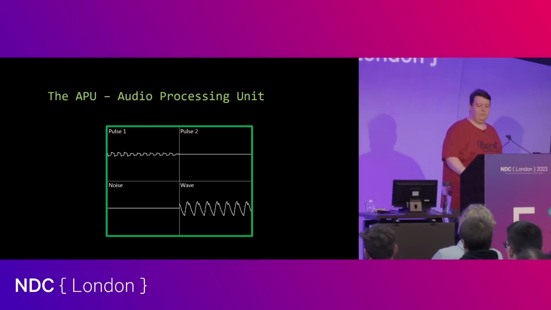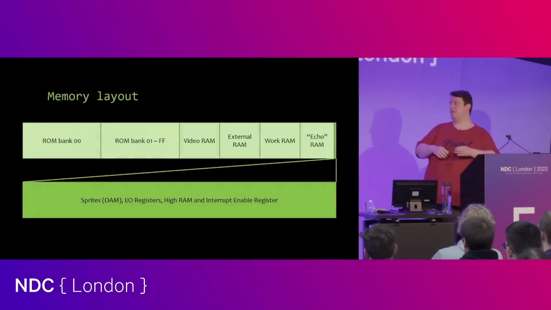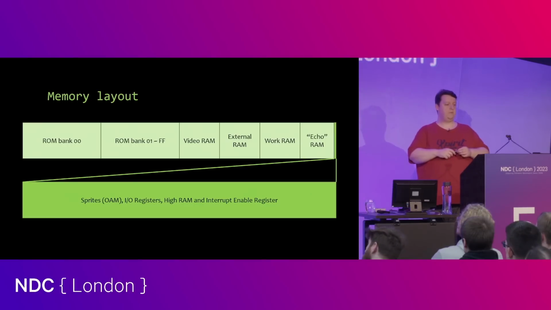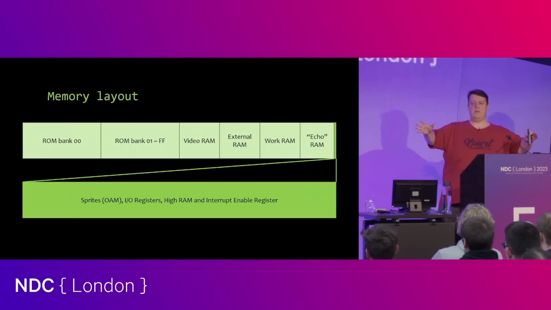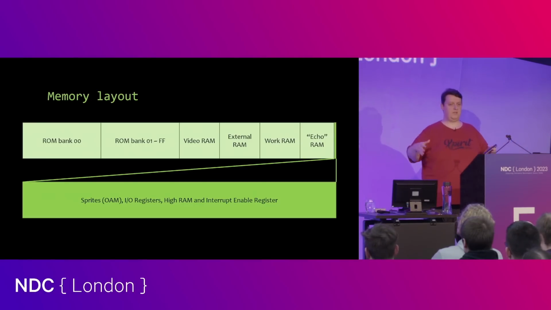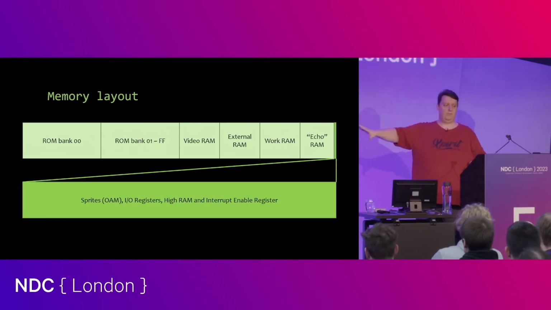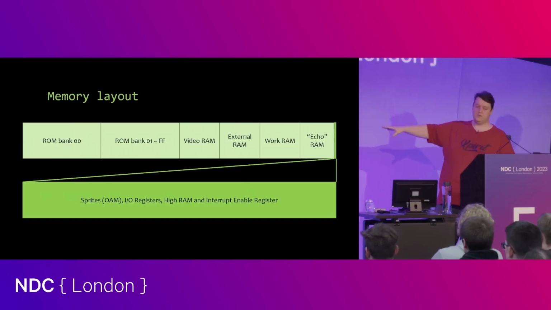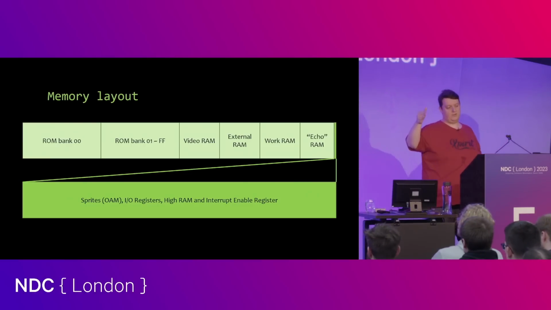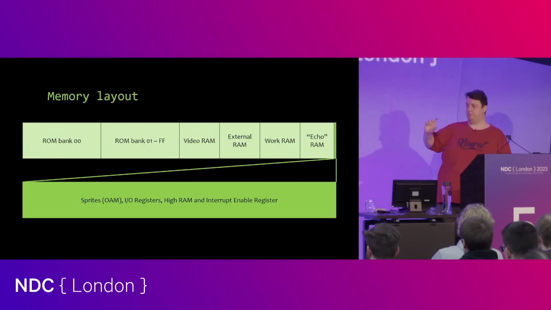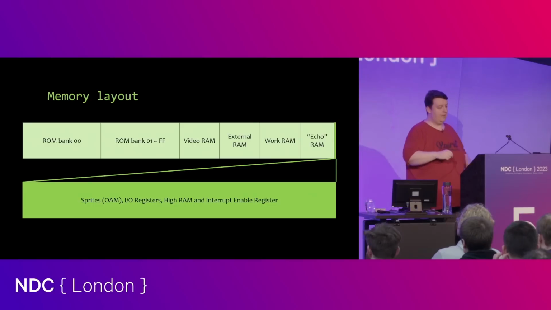But the Game Boy is a very simple system which uses memory-mapped I/O, which means that in that address space of 64 kilobytes, because it has a 16-bit address bus, it has to be able to address everything. In this case, our first 16 kilobytes typically points to the ROM bank 0 of your game cartridge, and the next 16 kilobytes goes to bank 1 up to FF or 255 using that controller switch.